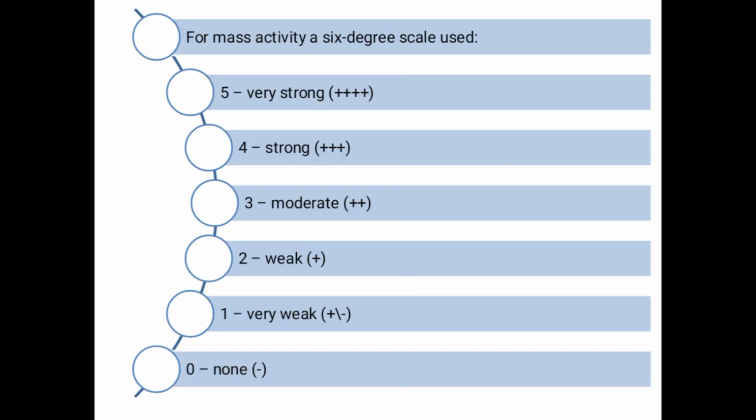For mass activity, a 6-degree scale is used to evaluate the quality of semen, where scale 5 includes very strong mass, that is highly recommended, meaning congested spermatozoa quantity, and 4 includes strong, while 3 is moderate concentration of mass activity, 2 includes weak, 1 very weak, and 0 means there is no mass indication on the microscope.